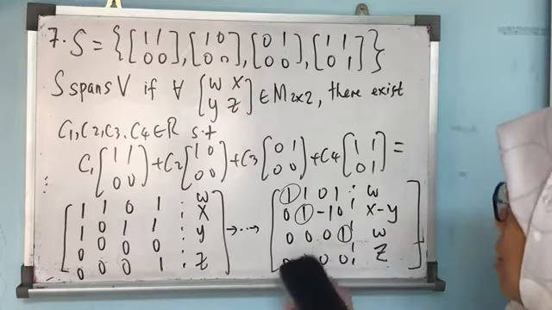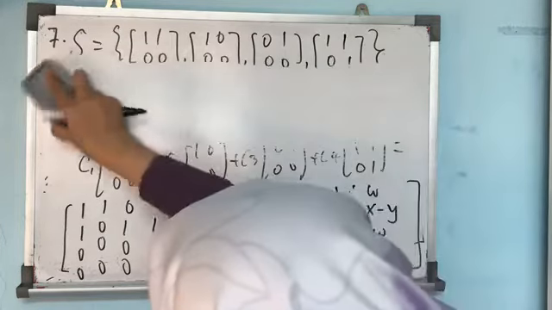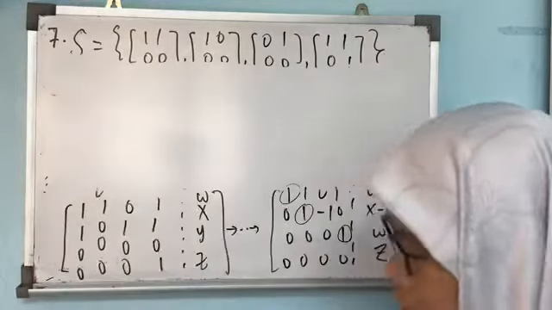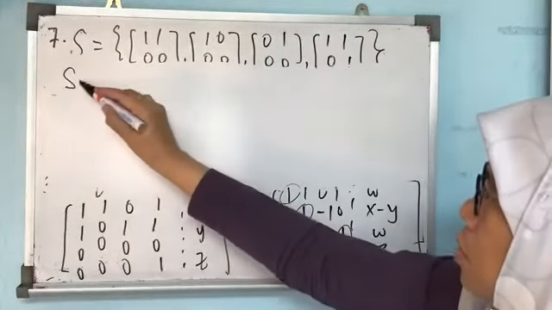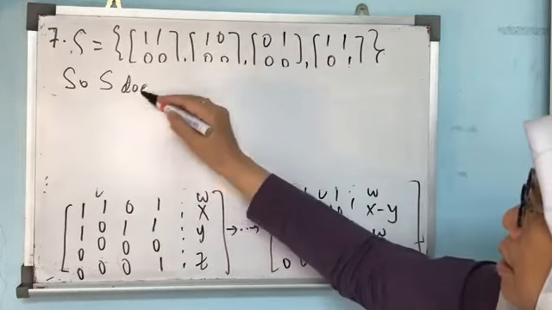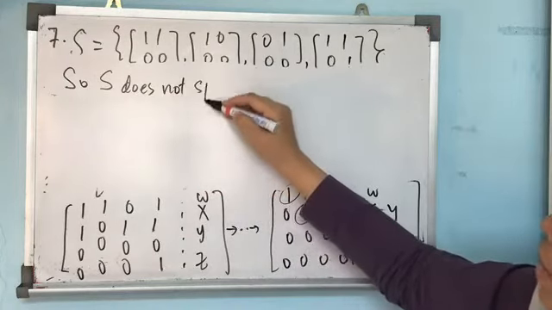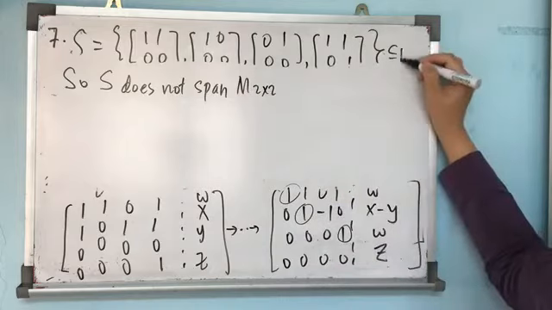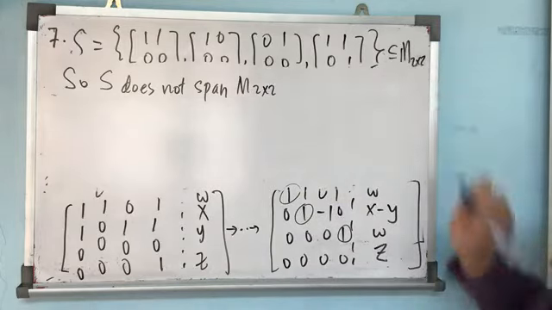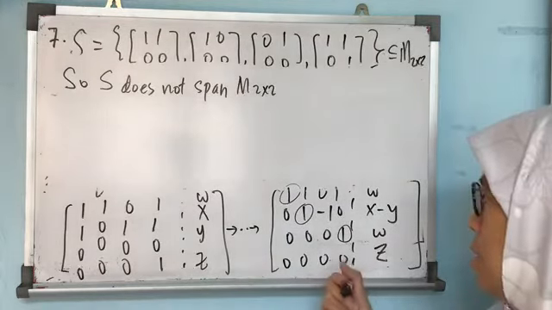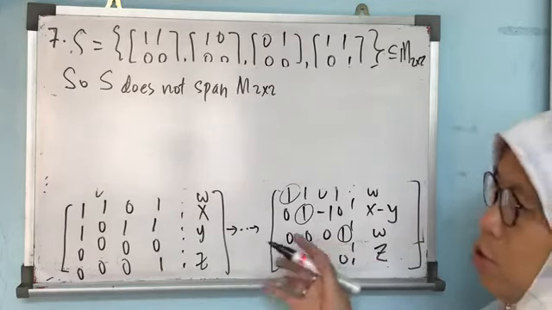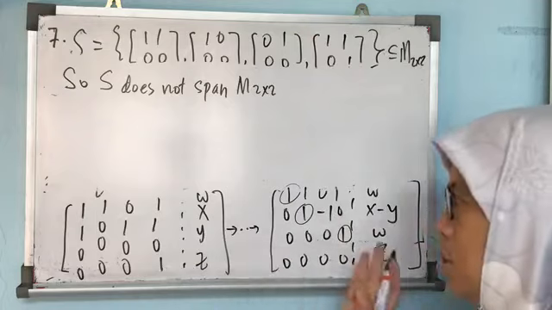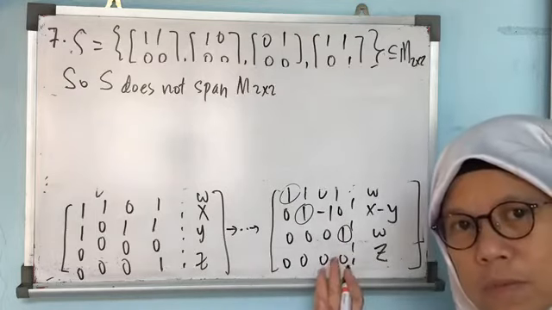From the last one, I erase this first. So S does not span this, because this is inconsistent. So you have to write it up. The system is inconsistent, C1, C2, C3 does not exist, so it does not span.